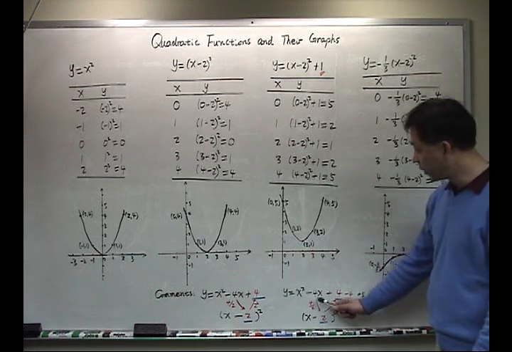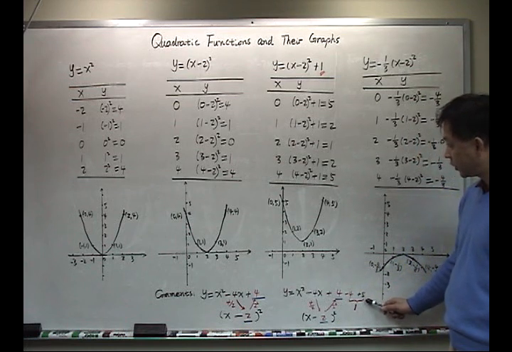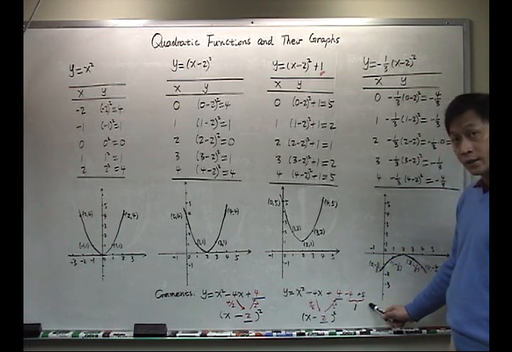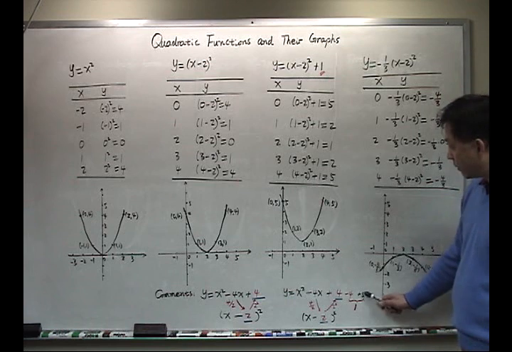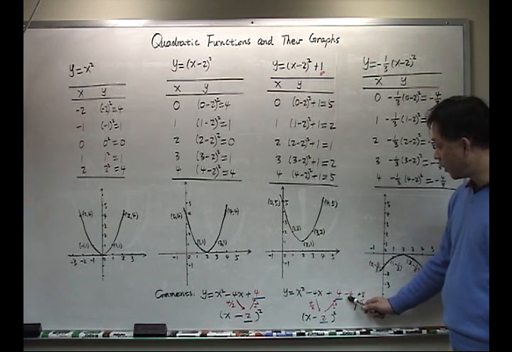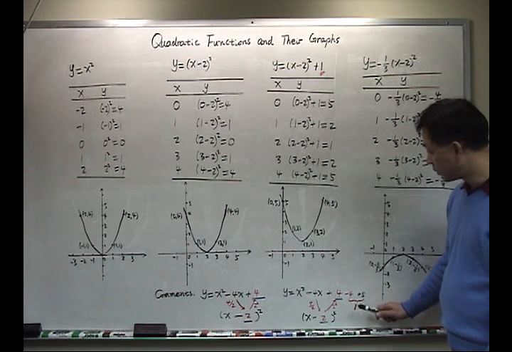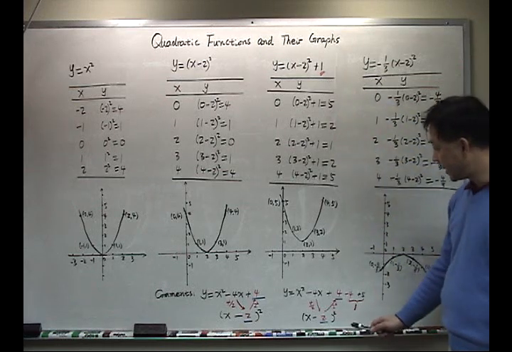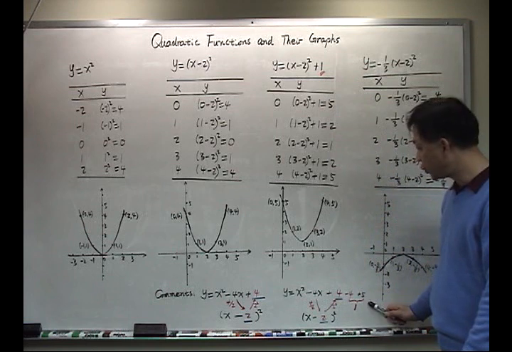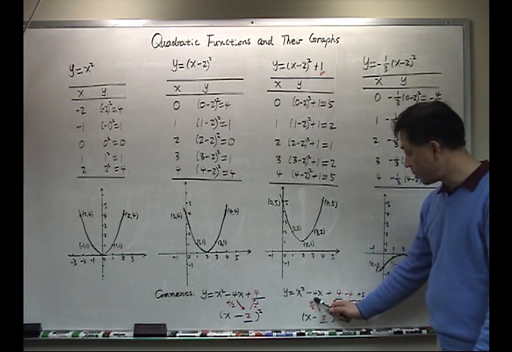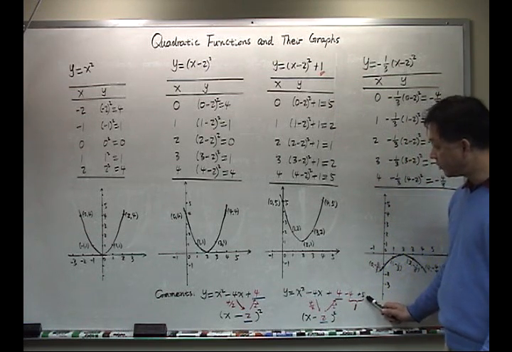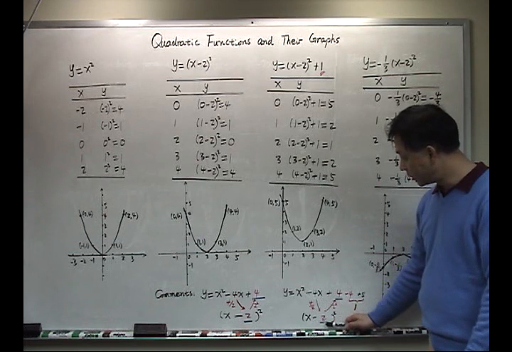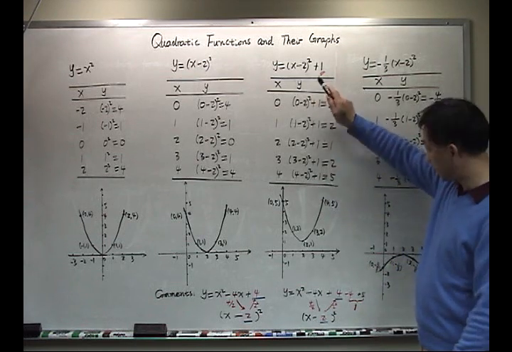This will keep the equation equivalent to the original one. We have a 5 here. Negative 4 plus 5 is 1. So 1, 1. They are the same. And then you can change this equation from x squared minus 4x plus 5 to (x minus 2) squared plus 1.